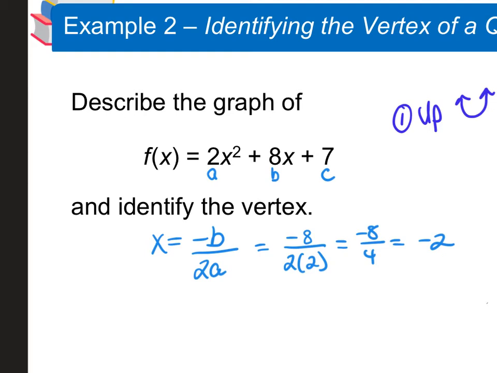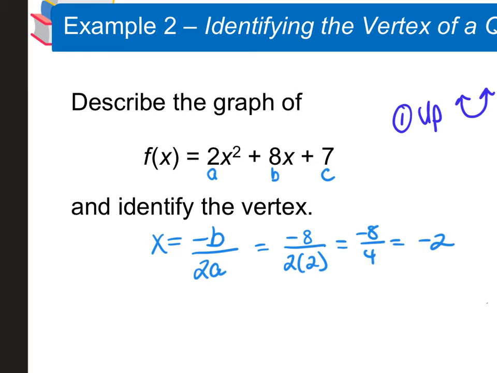Guys, if you miss a sign this early in the problem, the rest of the problem will be wrong. Your vertex will be wrong. Then your max and mins will be wrong. Then your range will be wrong. It is so important that you pay attention to signs here, because once you miss a sign at the beginning, I cannot give you partial credit throughout the rest of the problem.